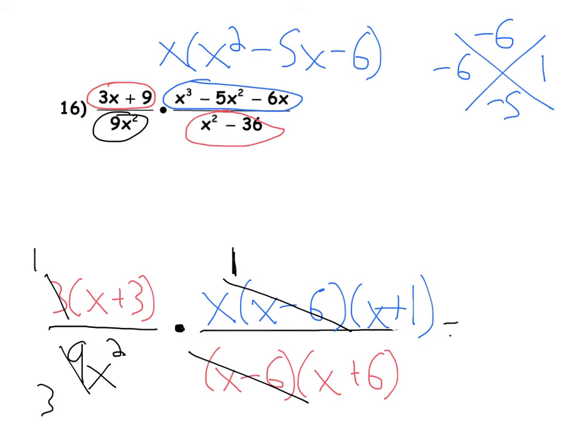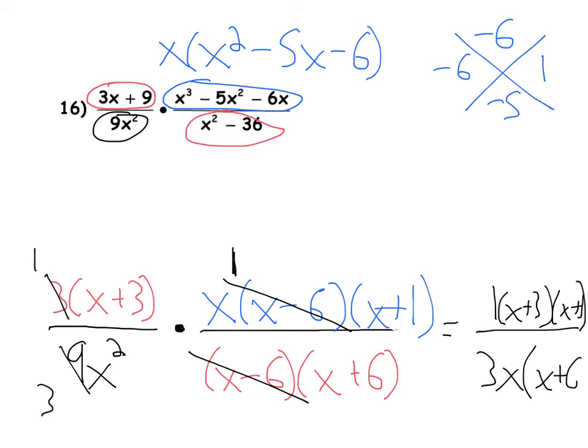So if I'm dividing, I subtract the exponents, and that would give me an x in the denominator, 2 minus 1. And so in the numerator, I'm still left with x plus 3, x plus 1. And in the denominator, I still have an x plus 6. And that, while very poor handwriting, still makes for a very nice ultimate respuesta.